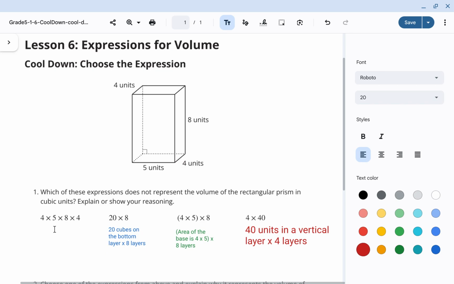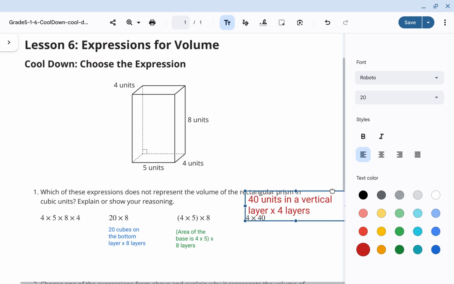Now over here, as I look at this, I am seeing that this is the one that we're going to choose, because once we find the area of the base, the 4 times 5, we only need to multiply it by the height of 8. We don't have to multiply it by this other 4 over here. We have already done that, right?